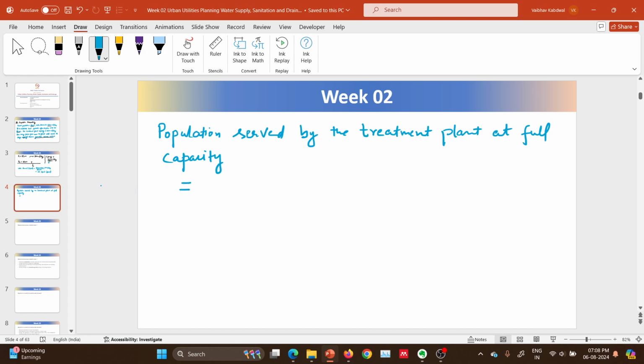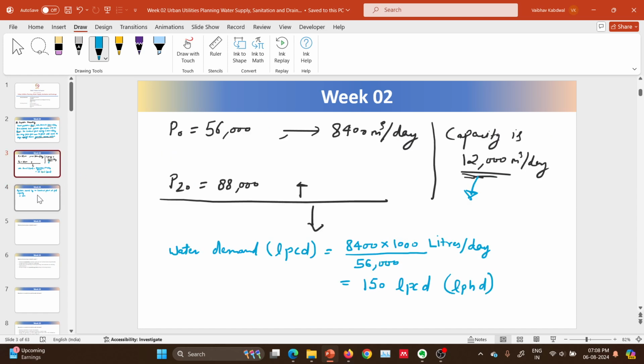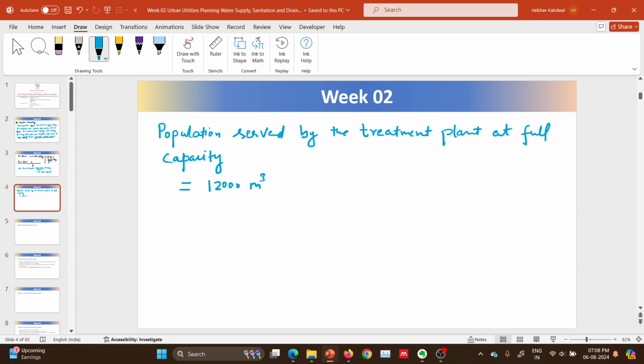How to calculate? We will divide this 12,000 meter cube per day by 150, the water required per capita, into 1000 liters per day.